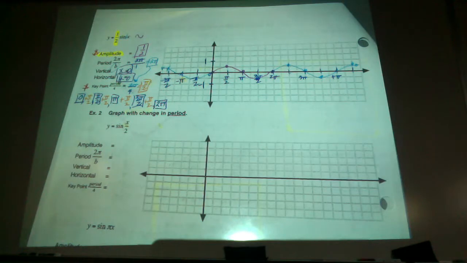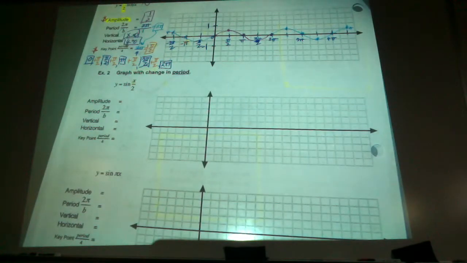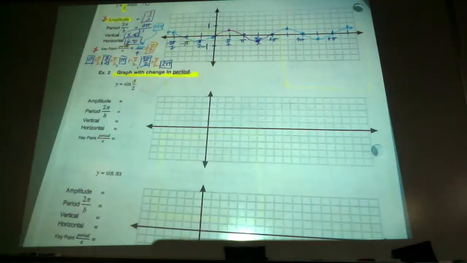All right. So then we're going to do graphing with a change in period. Look at example 2. To graph the change in period, I have to know what the coefficient of x is.